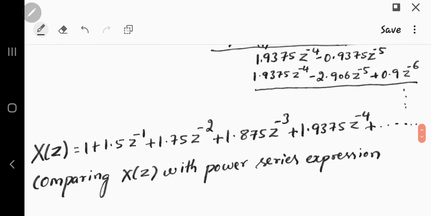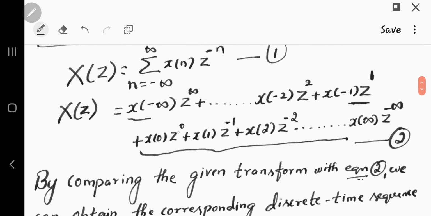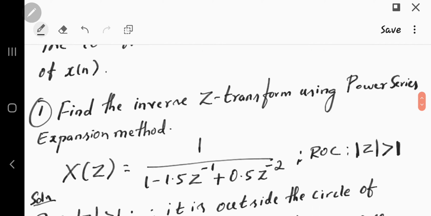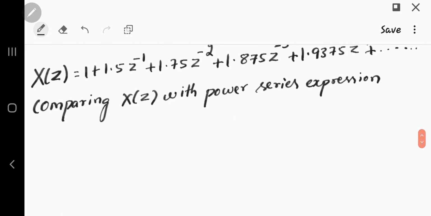So I'll just take you back to the power series expression here. Now z power 0, that will be x of 0. Coefficient of z inverse is x of 1, z power minus 2 is x of 2, z power minus 3 is x of 3, z power minus 4 is x of 4. So this process will continue. So based on that, we can write, x of n is 0 for n less than 0 because it is a positive time sequence depending on the ROC.